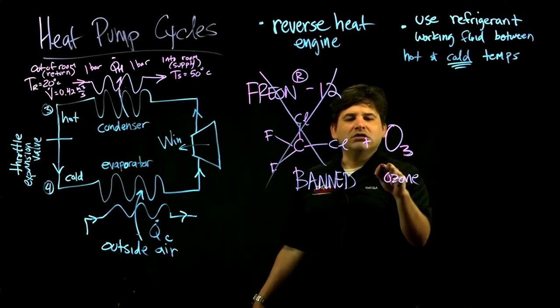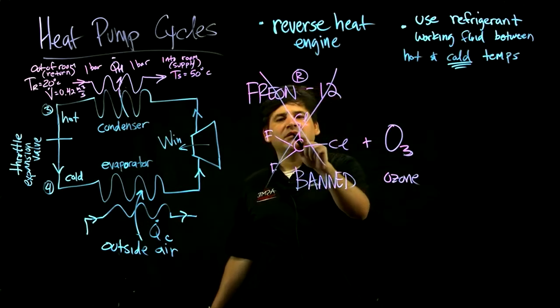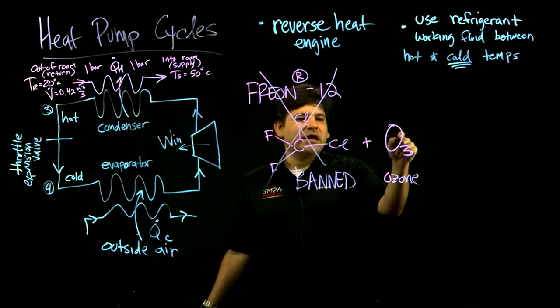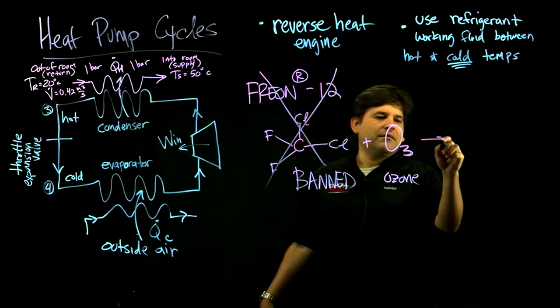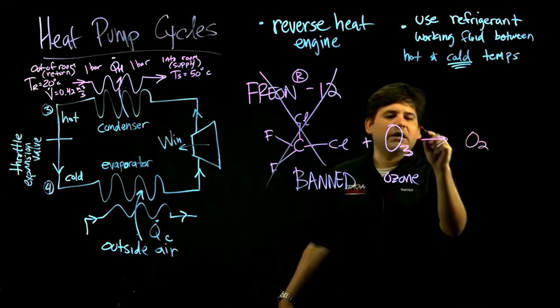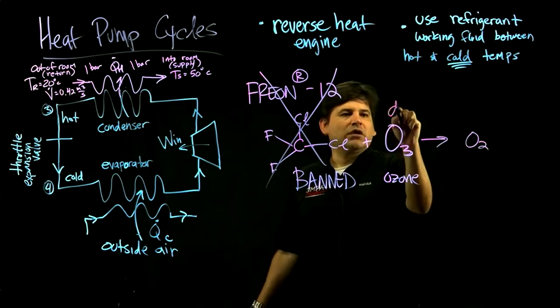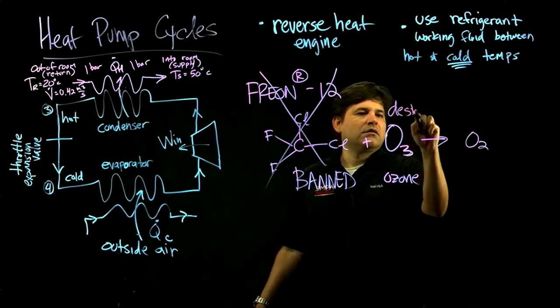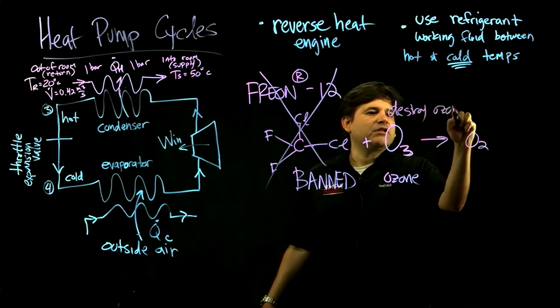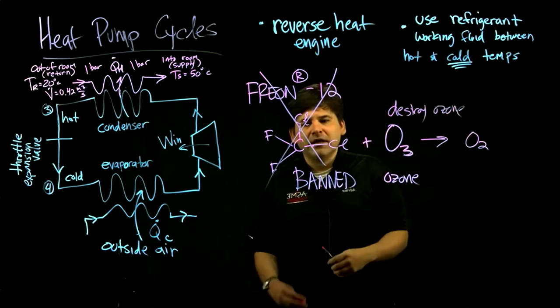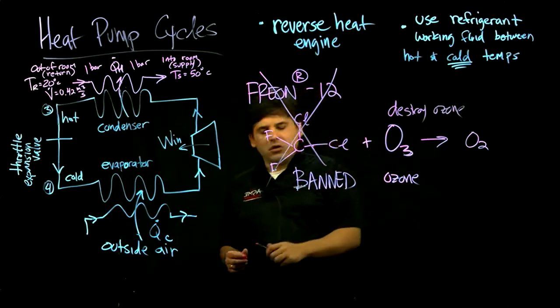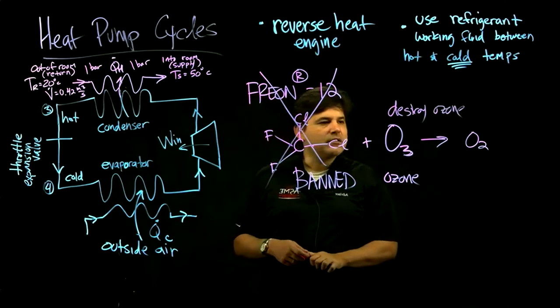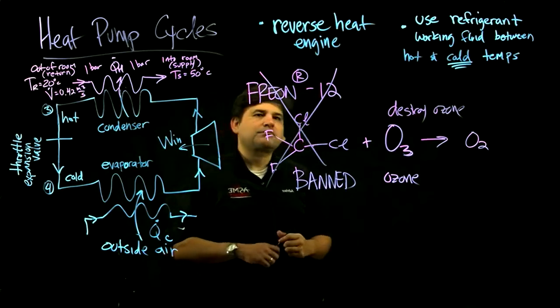So we want the ozone layer. The problem was when there's too much Freon 12 in the atmosphere, you destroy the ozone layer, which is bad. That's why it's banned. And it worked. Ever since we banned this, our ozone layer has recovered, which is good.